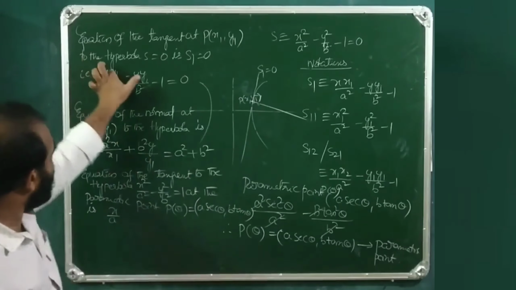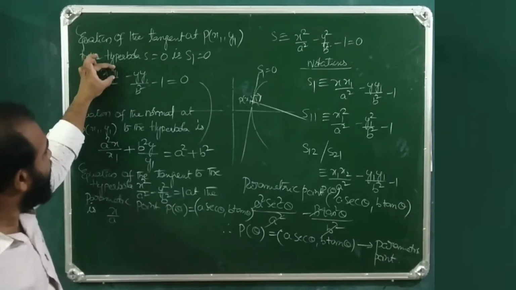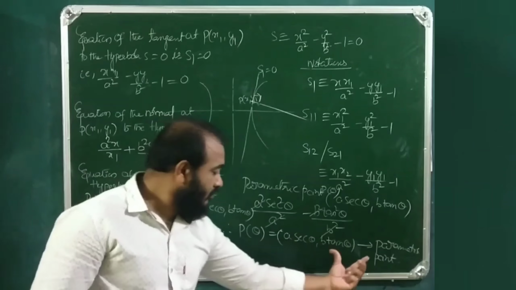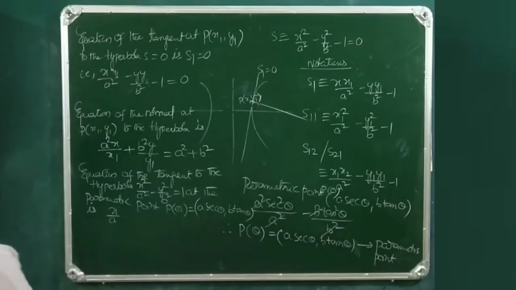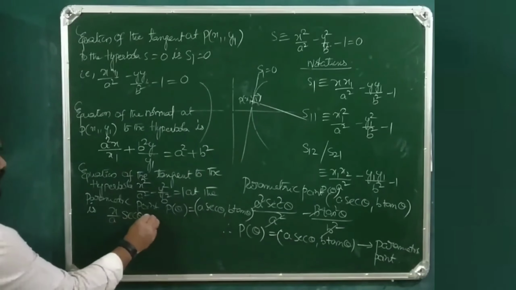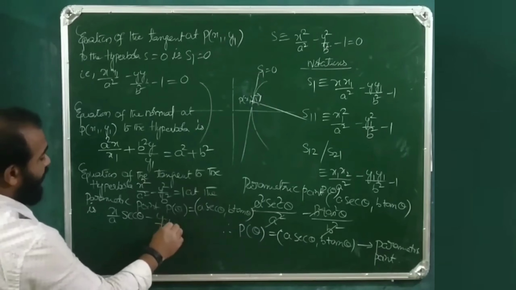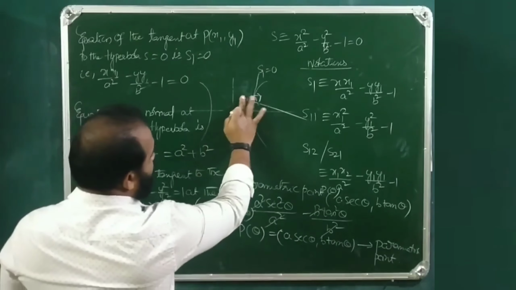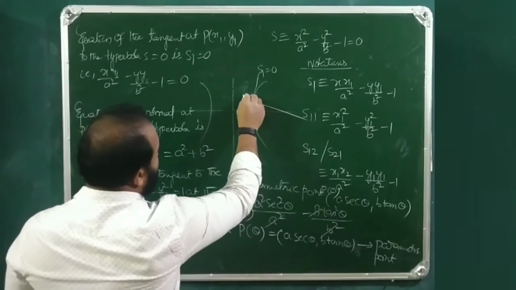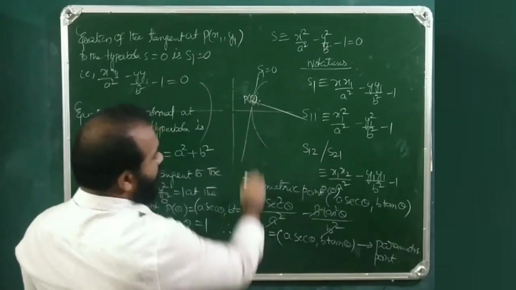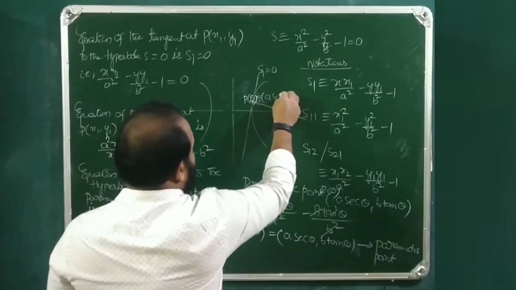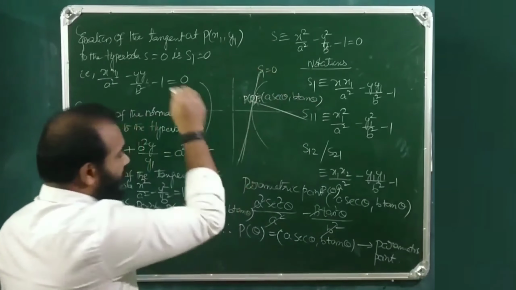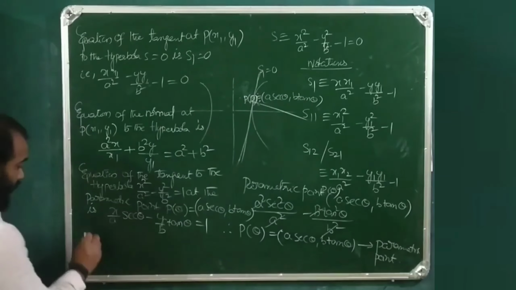In the place of x1, y1, substitute simply a secant theta and b tan theta, because a secant theta is x1, b tan theta is y1. So x by a secant theta minus y by b tan theta equals 1. So instead of P(x1, y1), for P(theta), which is (a secant theta, b tan theta), the equation of the tangent is this.